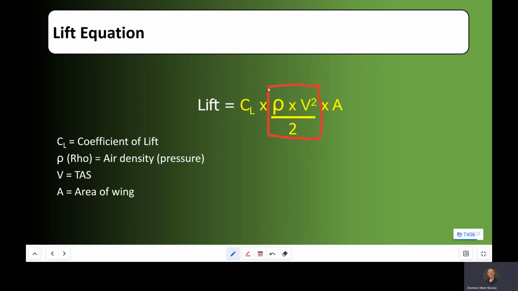Now, understanding that these are variables can help us understand why certain performance factors affect takeoff distance, climb performance, and landing distance. Keep in mind that in order to get a 3,000-pound airplane airborne, you need about 3,000 pounds of lift. Your wing shape, at present technology, doesn't change its shape.